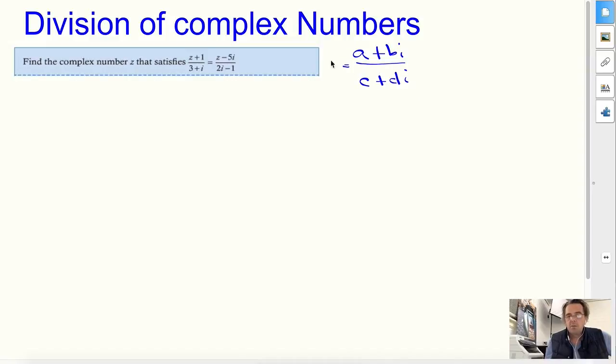That's basically dividing a complex number by another complex number, z1 over z2. The trick is to get rid of the imaginary part in the denominator. To do that, we multiply by the complex conjugate.